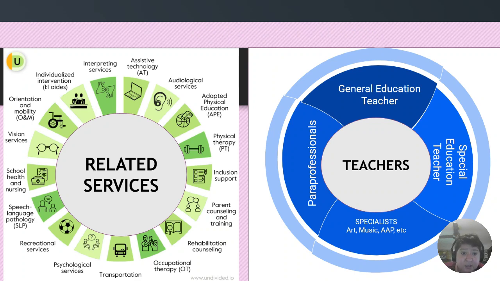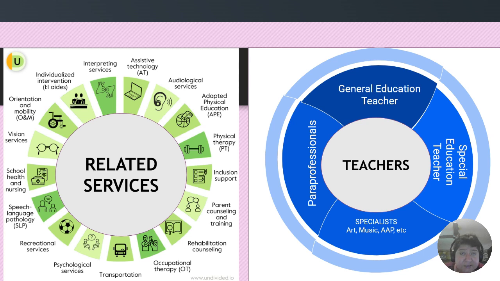So teachers are usually at school, so they could be a general education teacher, special education teacher, a specialist like an art teacher or music teacher, and the paraprofessionals who are teacher assistants, and they assist the students throughout all the goals, whether it's a behavioral goal, academic goal, social emotional goal, etc.